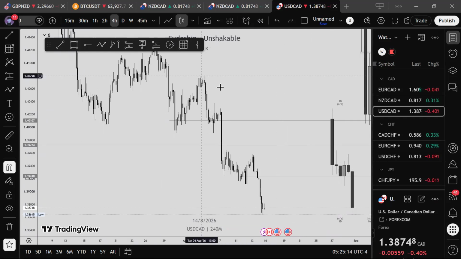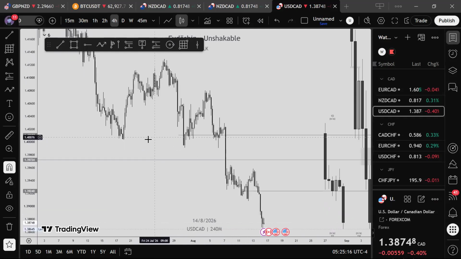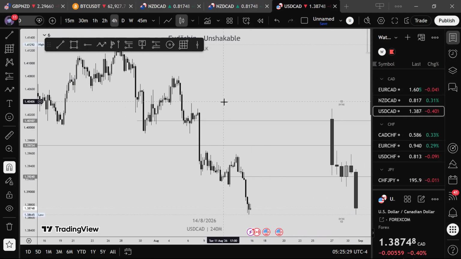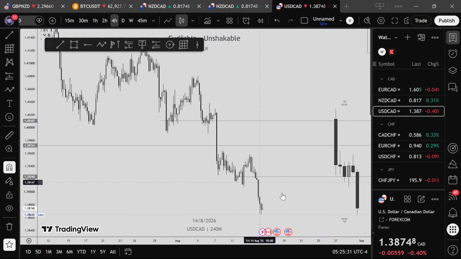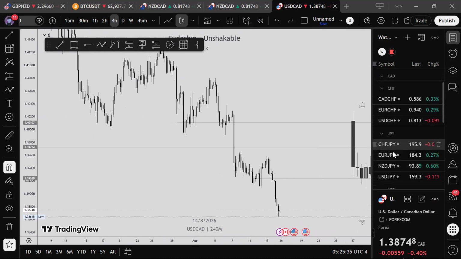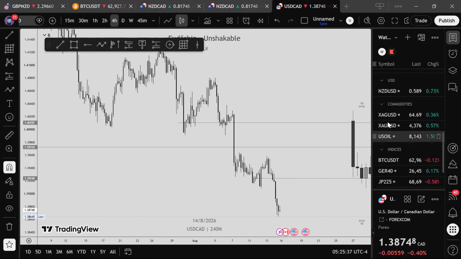If I had held it, I would have passed my 25K account by now. But I haven't passed it yet because I was focusing on my other funded account. So in the next 2 weeks, I plan to just focus on the 25K account and pass it. So the expectation for USD CAD is still very bearish. I don't really have any other expectation.